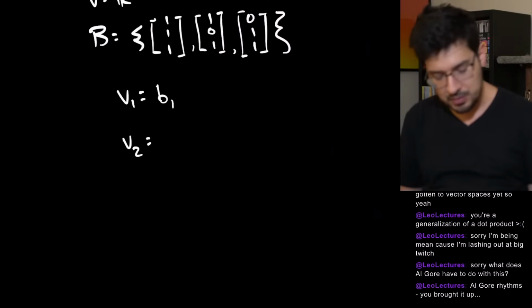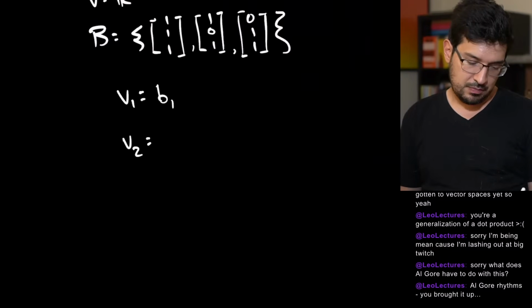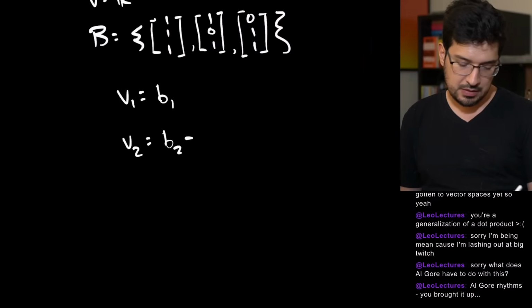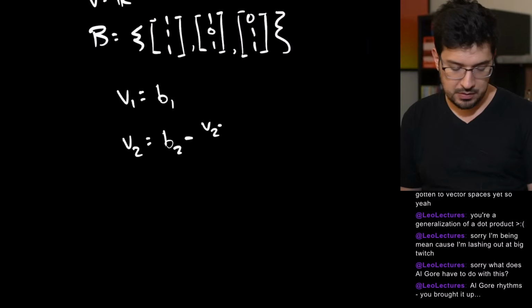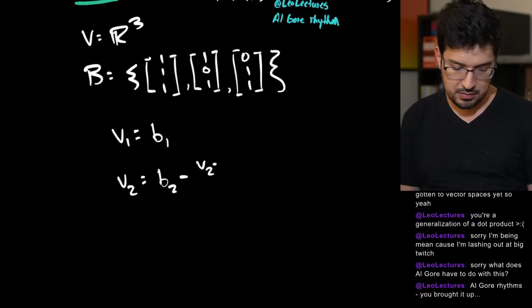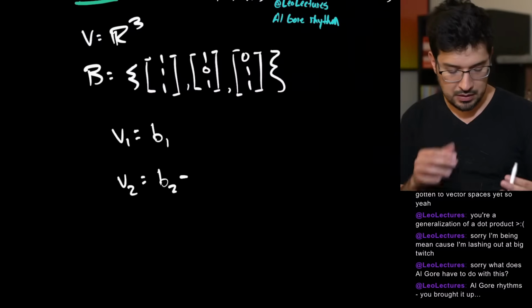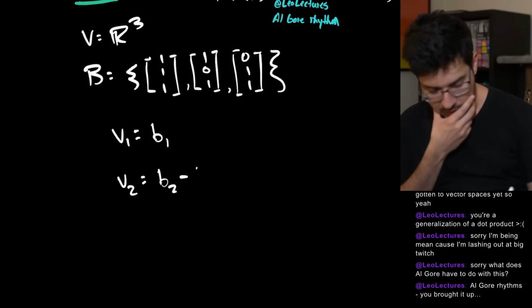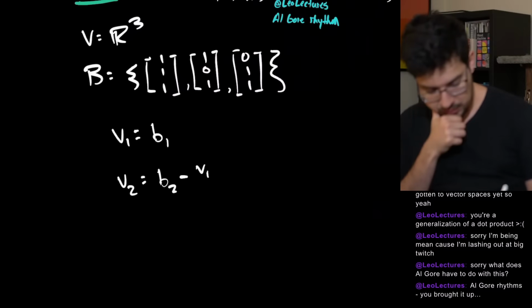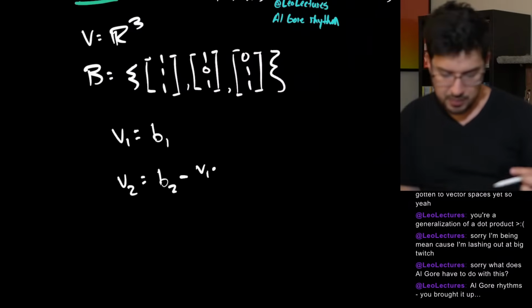Then V2 is going to be, I think, the second basis vector minus the projection of V2 minus the projection of, oh yeah, all of the previous ones.